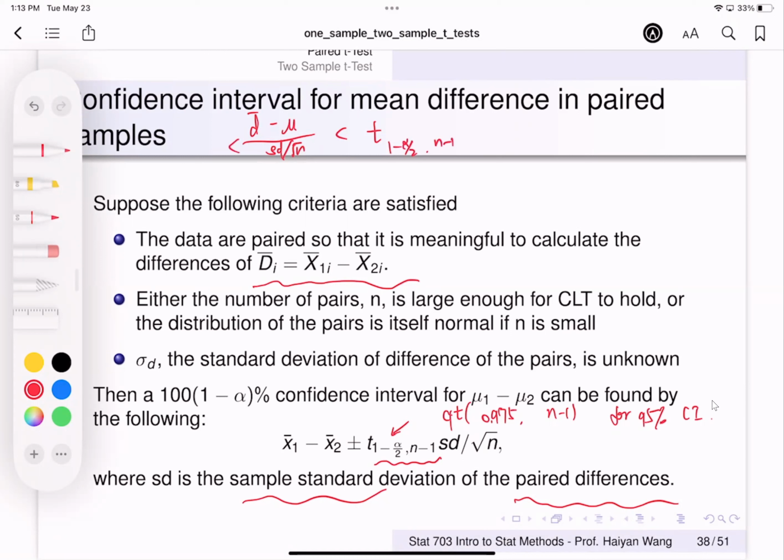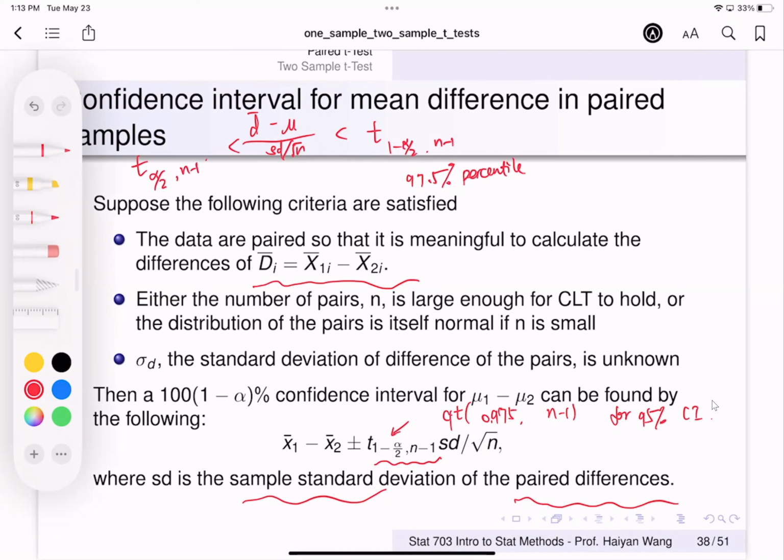This is the upper one, for example the 97.5th percentile. And the other side is the t with the corresponding lower percentile.